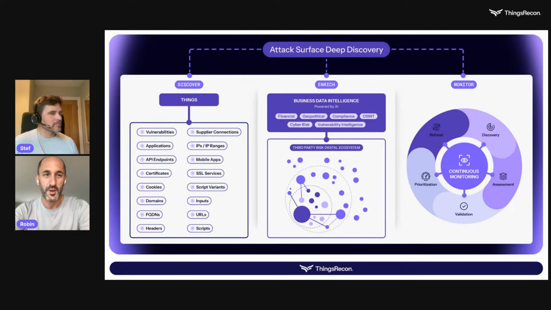So Steph, you will show in a minute, but you can really drill down to all the financial, geopolitical data we have, and then see where we find it. We really go deep into external surface discovery, but also into PDF files to look for evidence. And hopefully we'll show that in a bit.